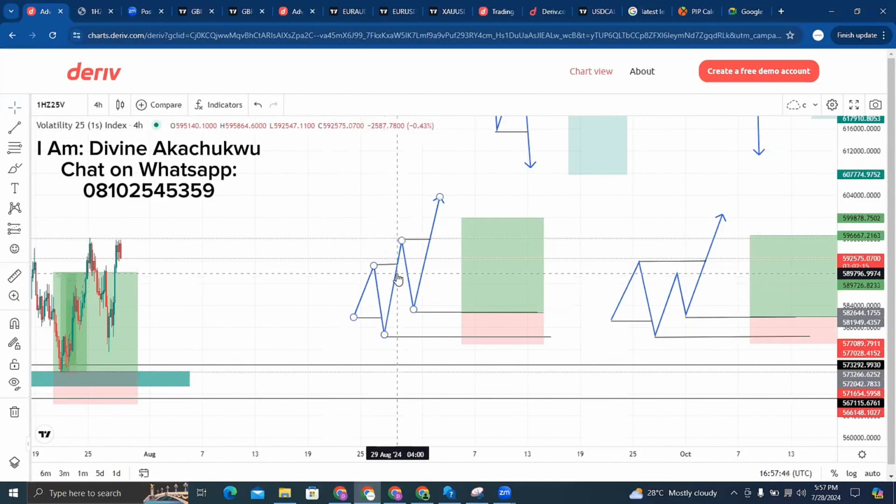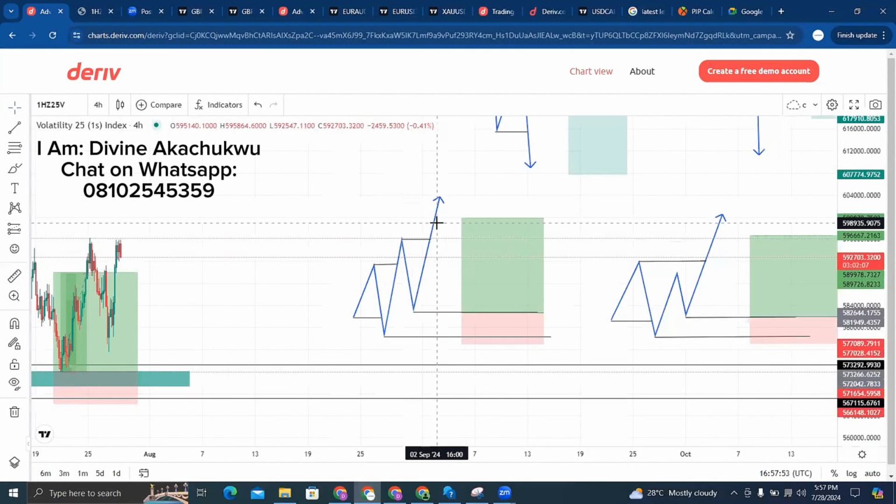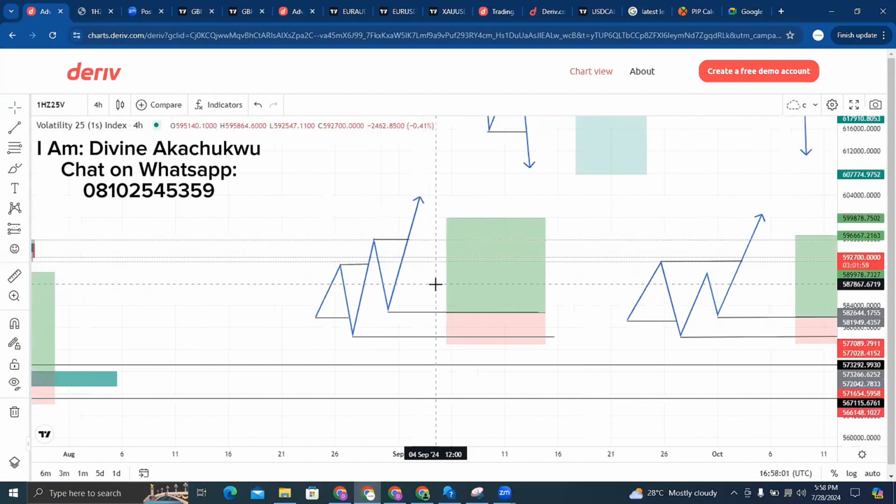Now, I don't just take the trade immediately I see this first break of structure. I want to see a pullback and another break of structure. This second break of structure will now create an area for structural liquidity. So what do I expect price to do?